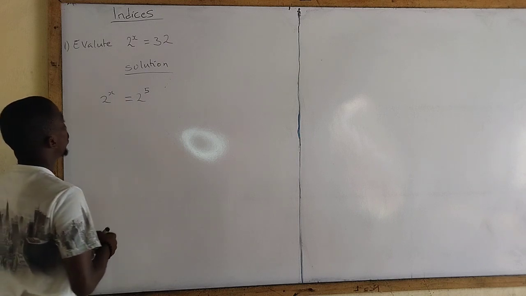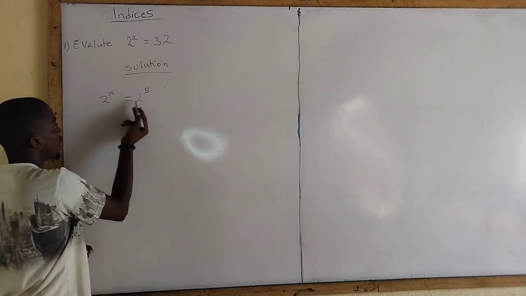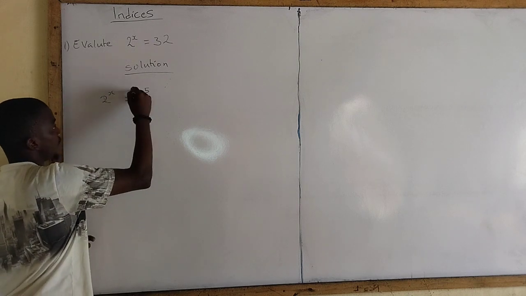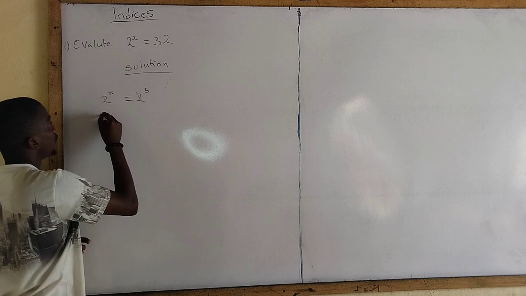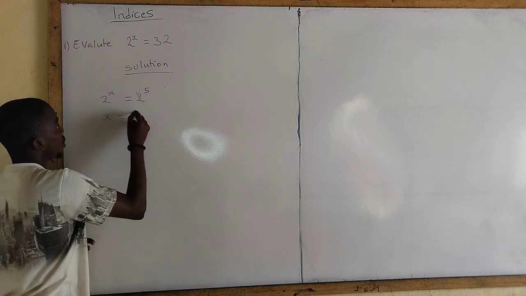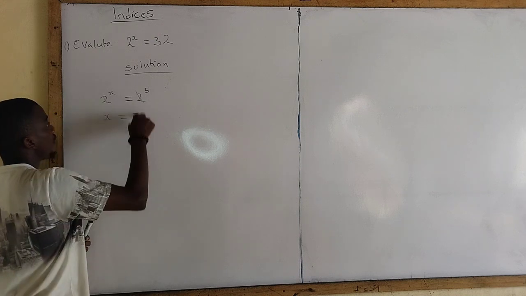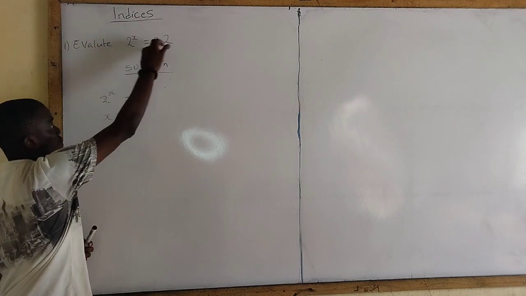So the bases are now equal, so we equate the bases, we cancel the bases, and we have x equal to 5. So 5 is the value 2 must be raised to have 32.